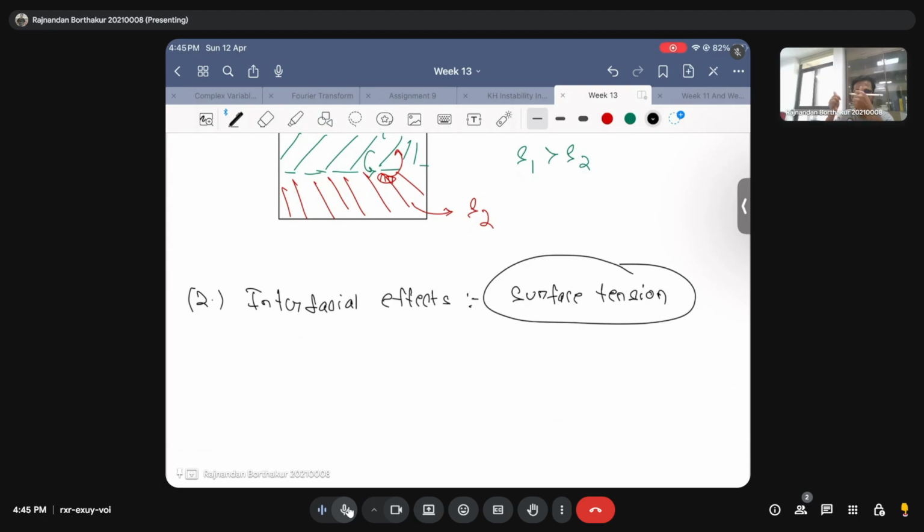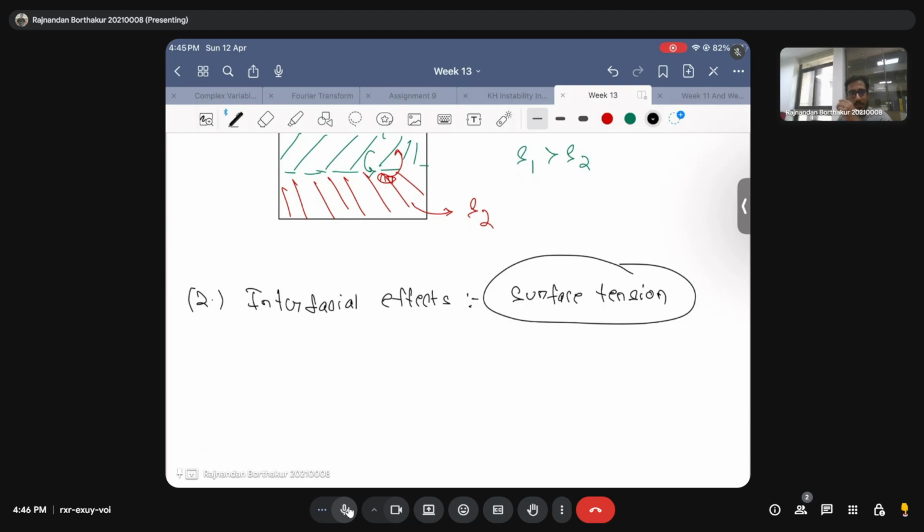For example, if you take water and glycerol, water will break down faster, or the breakdown length is less compared to glycerol. You can do this experiment at home itself. Take two beakers, open the tap, fill one with water and one with glycerol, and make the flow rate almost the same, because the flow rate needs to be constant if you want to compare the breakdown length. You will see that water will break up faster than glycerol.